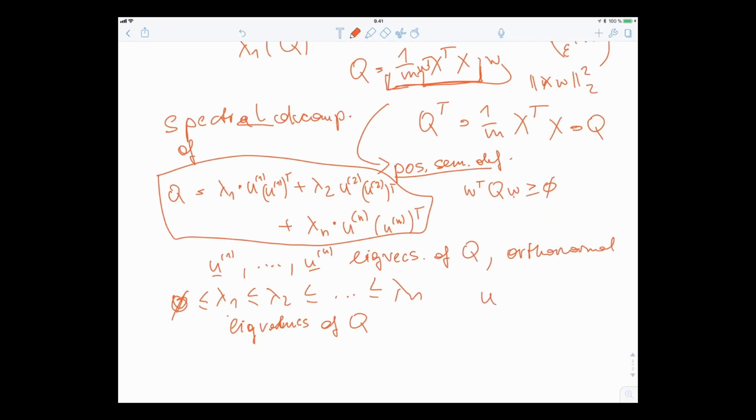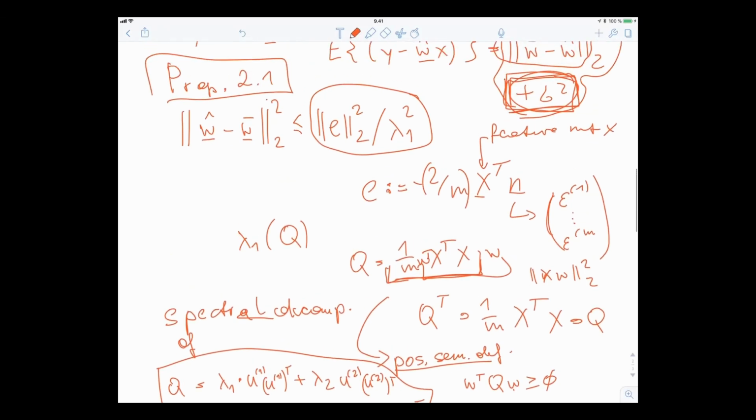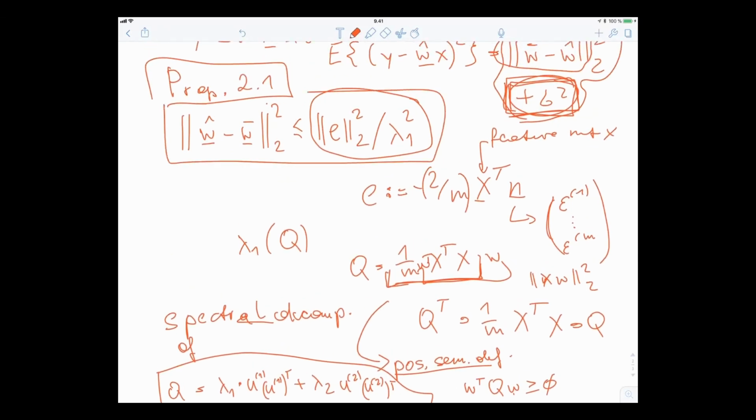So the inner product between any two of them is 0 if k is not equal to l. So they are orthogonal to each other, and they are normalized. So the norm of all of them is 1. So this is really a beautiful property that allows us to do a lot of analysis, for example, to come up with this upper bound on the error.